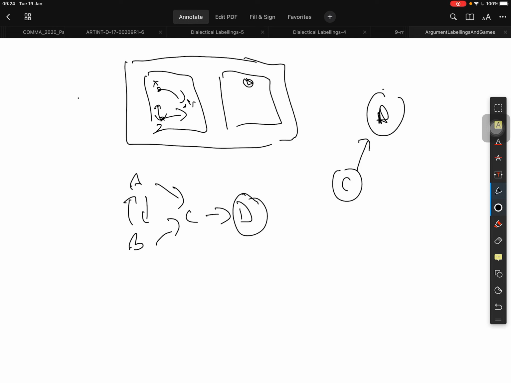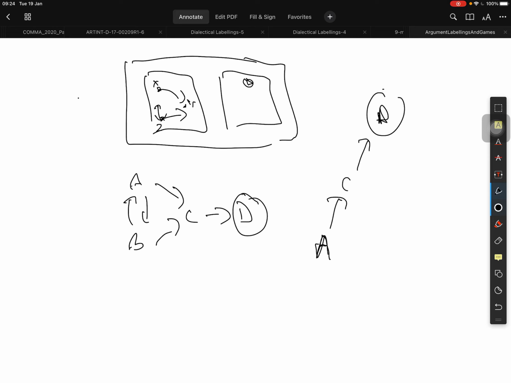Okay. Then the user could be told, well, look, you have a choice. Looking at the framework, you can move A or B. Right? Because both A and B attack C. So let's say the user moves A. Okay.